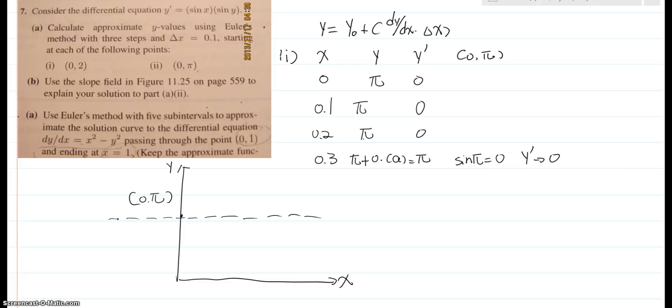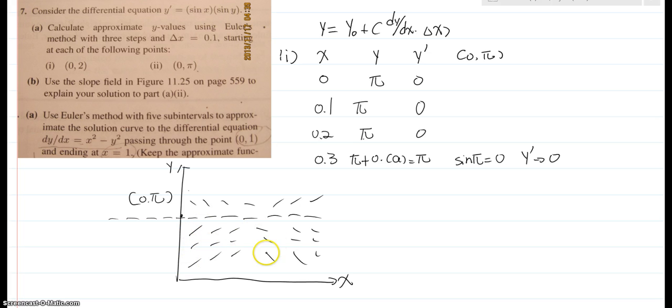In fact, what the graph really looks like is something like this. Excuse my poor drawing, at least you got the idea.